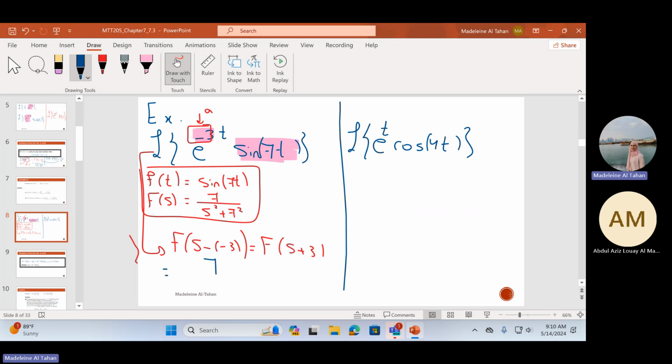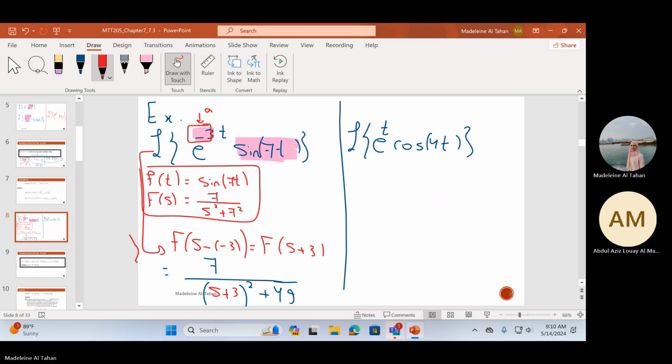We will substitute 7 over s squared plus 7 squared, which is 14. Now, F of s is 7 over s squared plus 7 squared, so F of s plus 3 instead of s, what will we put? s. Do we need to expand? No, we keep it as is. Please do the next one to make sure that everything is okay.